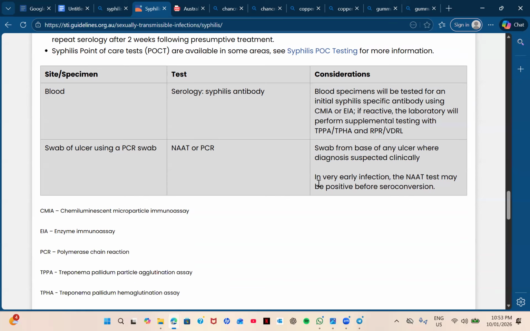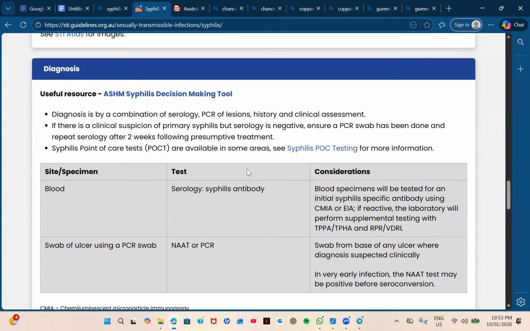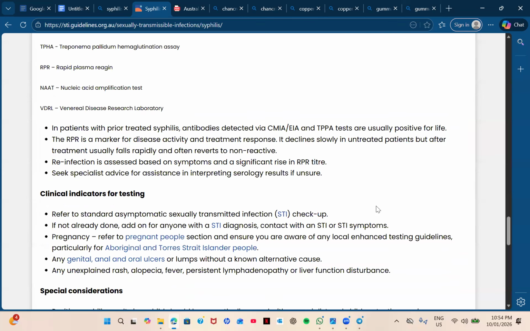In a very early infection, the NAT test may be positive before seroconversion. That's why, if we are suspecting primary syphilis and the serology is negative, in that case we have to do the PCR, because the PCR is positive even in early infection. Okay, so remember these things.